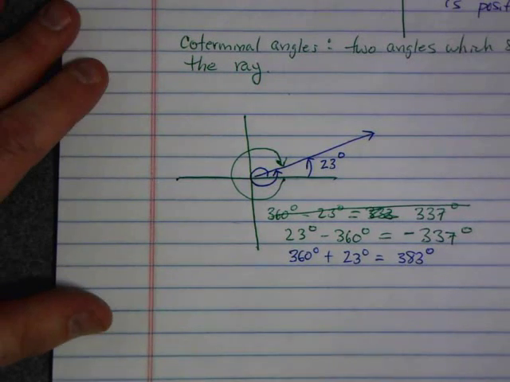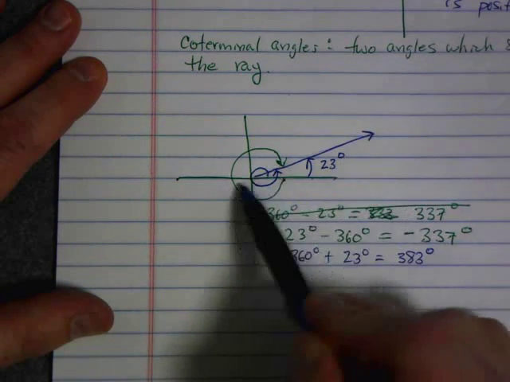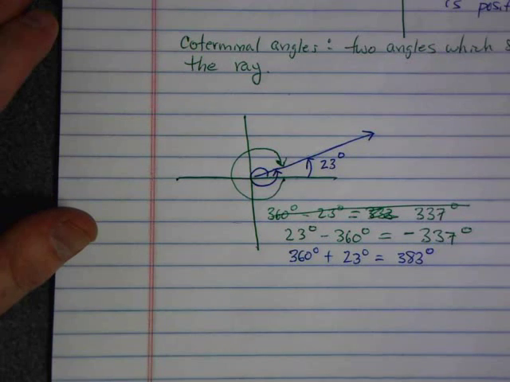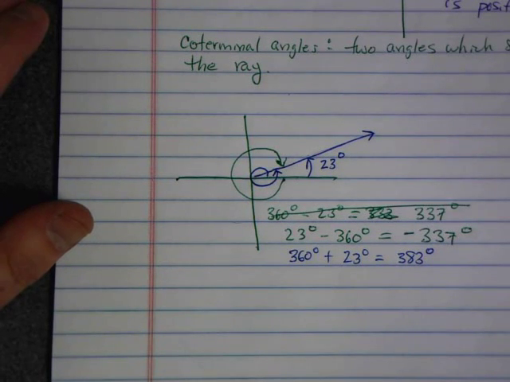So if I give you the angle 23 degrees, how many coterminal angles does it have? It has an infinite number, because I can make as many rotations as I want and then go back to 23 degrees. That's correct. So it's a trick question. It wasn't a single answer.